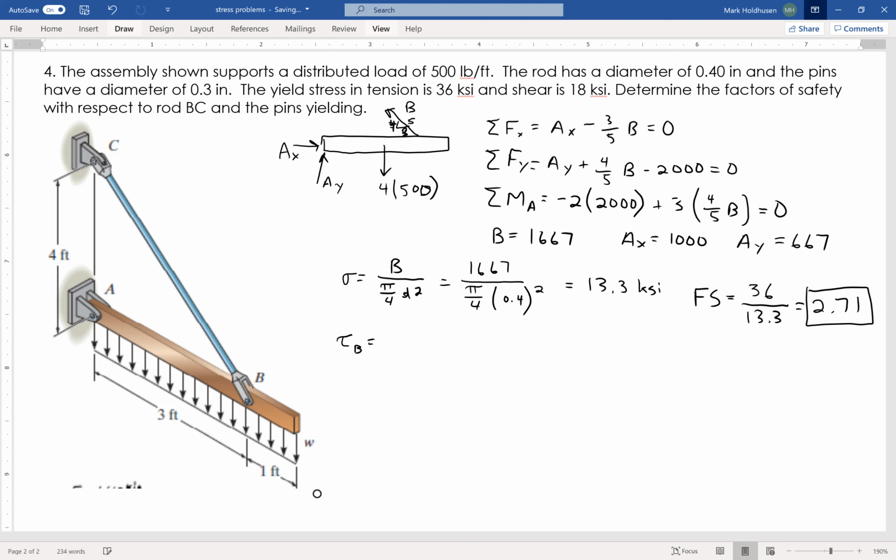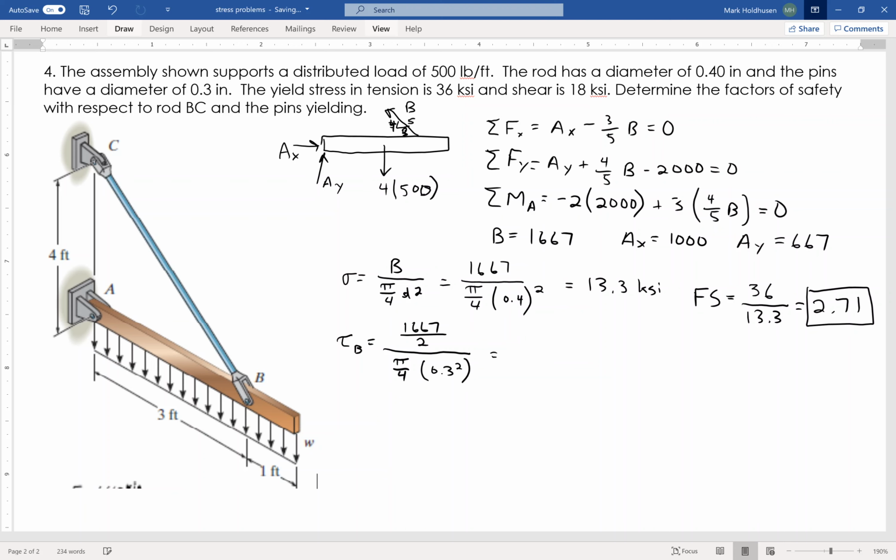So instead of 1667, it's going to be 1667 divided by 2, and then divided by the area of that pin, which is pi over 4 times 0.3 inches squared.